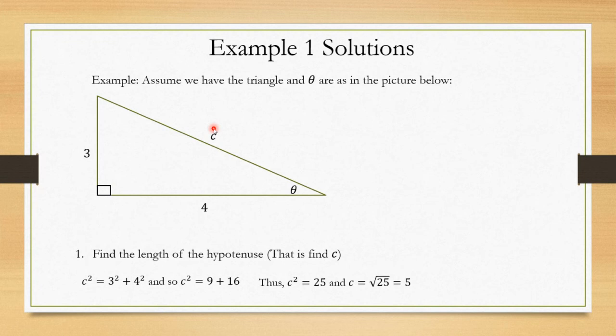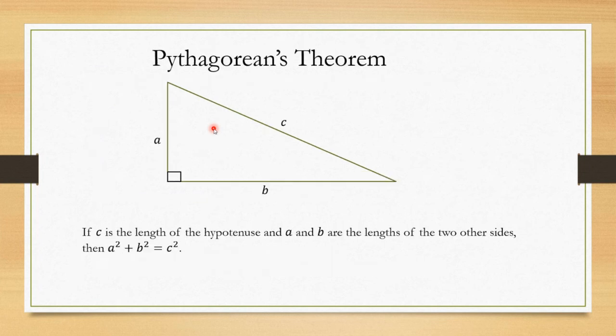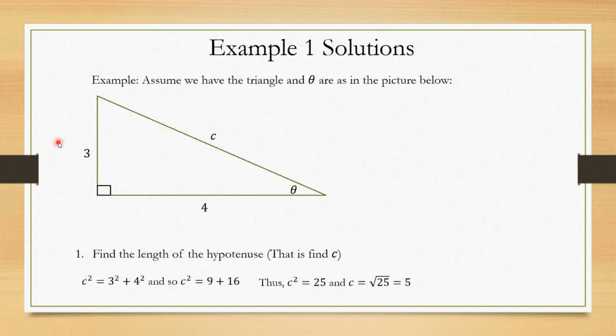That's just Pythagoras' theorem, right? We have a squared plus b squared is c squared. In this case, a is 3, b is 4. So 3 squared plus 4 squared is c squared, which is the same as saying c squared is 9 plus 16.